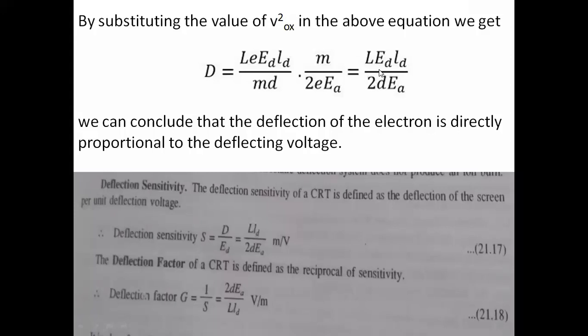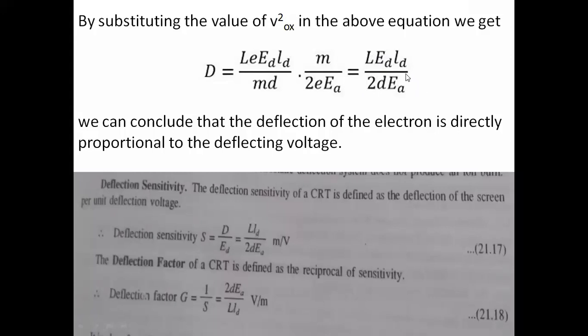According to the nature of the potential applied on these deflecting plates, the movement of the electron beam changes, which affects the variation of the beam on the screen.